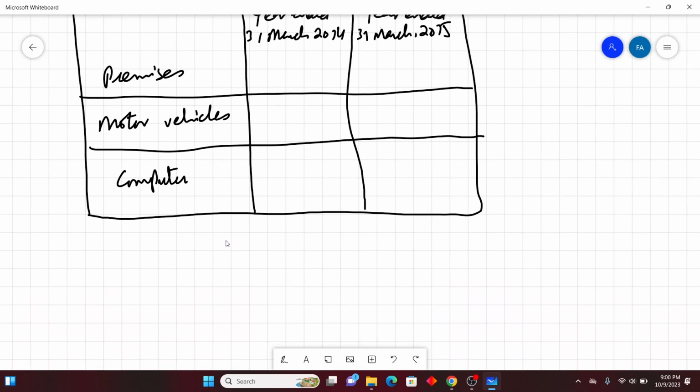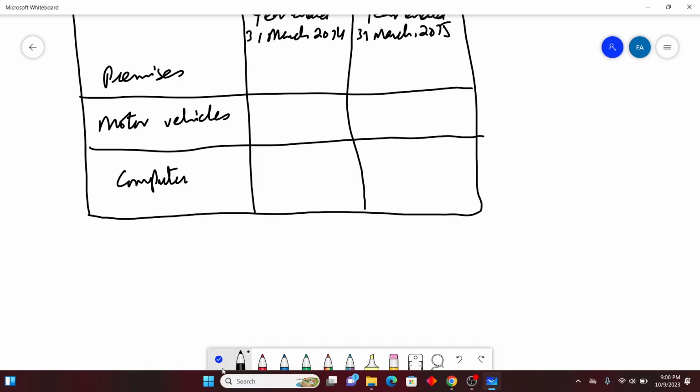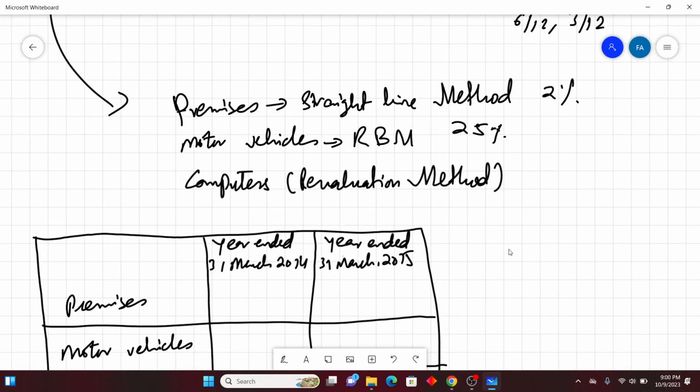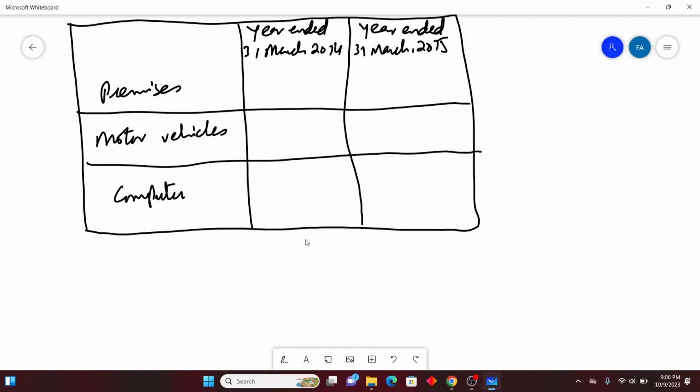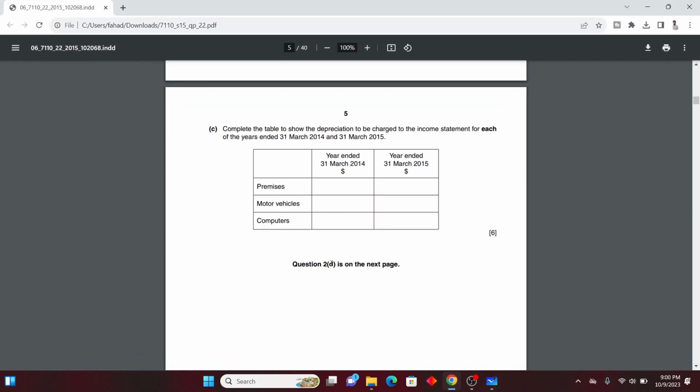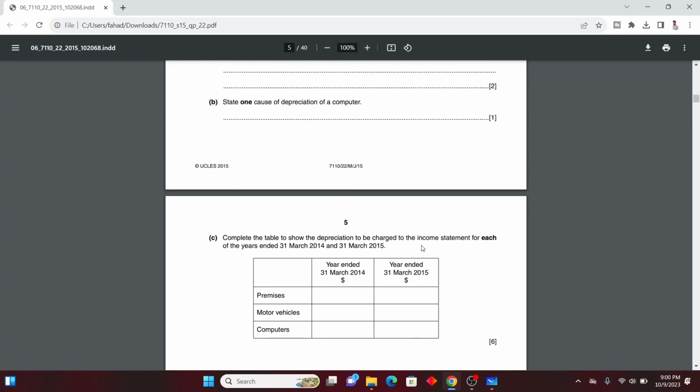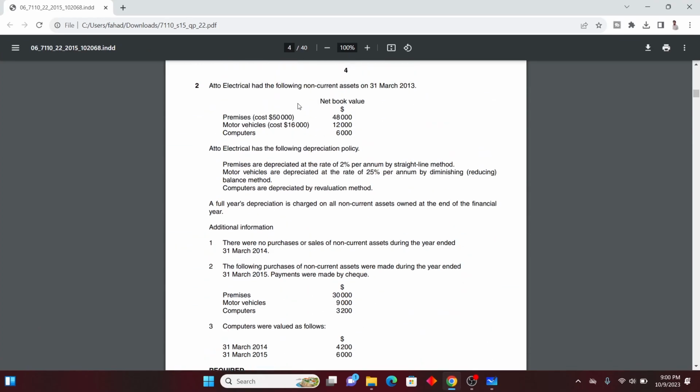You could understand this. So for the premises part, the depreciation is saying, you could see over here, straight line method, which is 2% on cost. So the cost of premises in first year is 50,000. How did I get that value? If you see that the cost of premises is over here, which is saying cost 50,000.